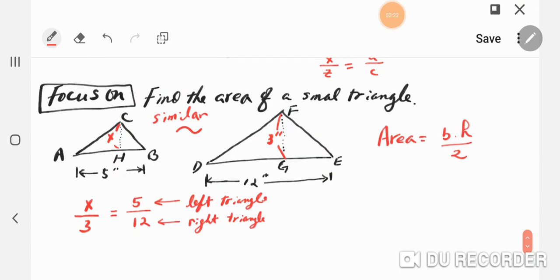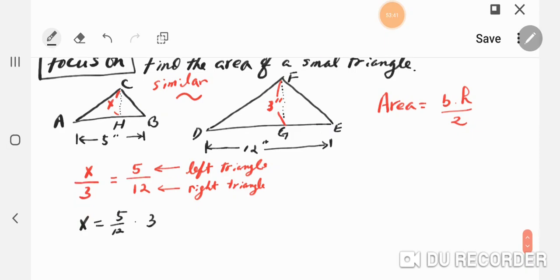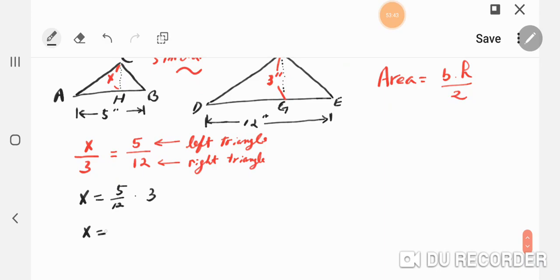Okay, so from this we can solve the equation for x. Use cross multiply or multiply each side by 3. We can multiply each side by 3, right? Multiply each side by 3. Yes. Then x equals, reduce, 5 over 4, 5/4.